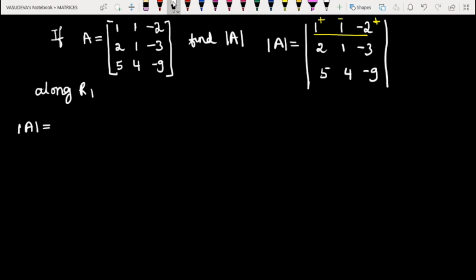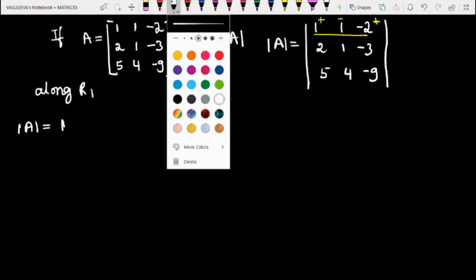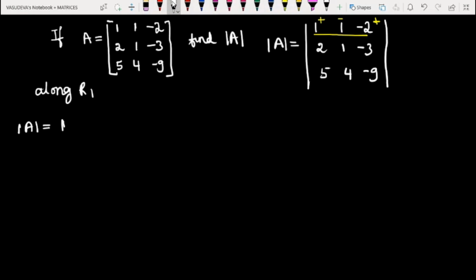Expanding along the first row, 1 lies in the first row and first column. The remaining elements are 1, minus 3, 4, minus 9.